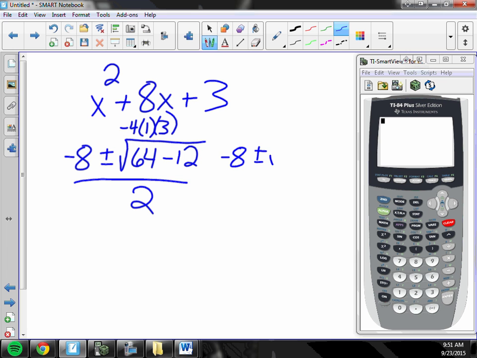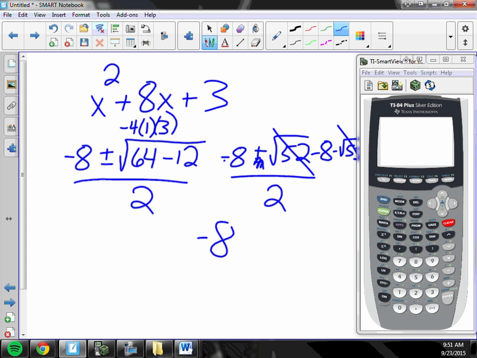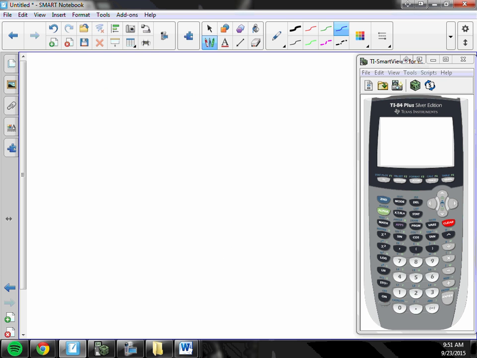So negative 8 plus or minus the square root of 52 over 2. If I add those together, the square roots cancel. Negative 8 and negative 8 make negative 16, and divided by 2, I get negative 8. Is the opposite of 8 divided by 1 equal to negative 8? Yes, so that always works. Aren't you just thrilled you learned that today? You could have done without it.